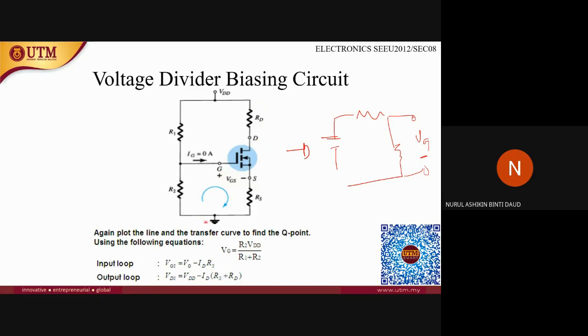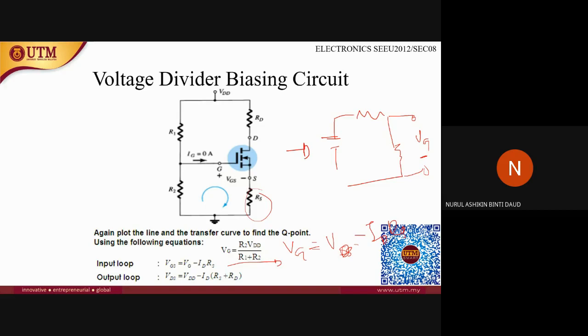VG is positive and VGS is actually minus here, but they rearrange the Kirchhoff law, so the formal equation will be VG minus VDS minus ID RS here.